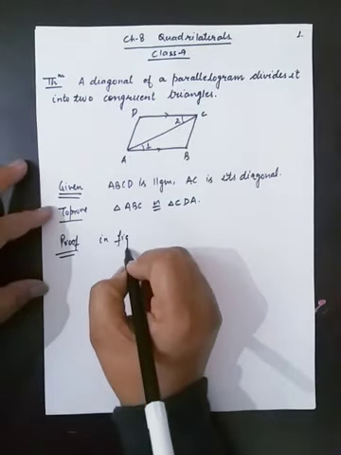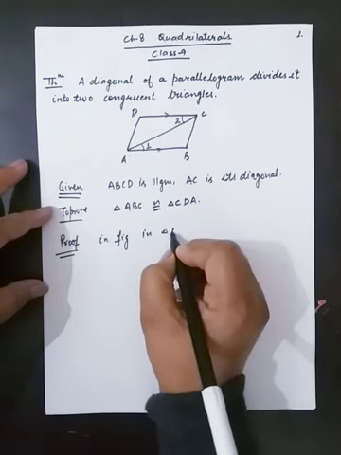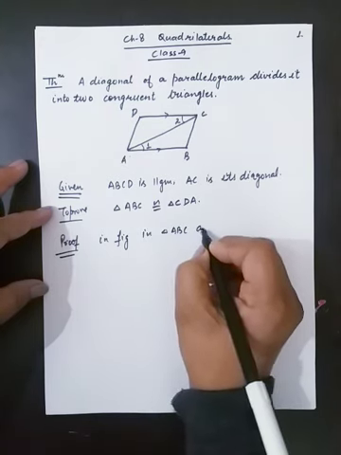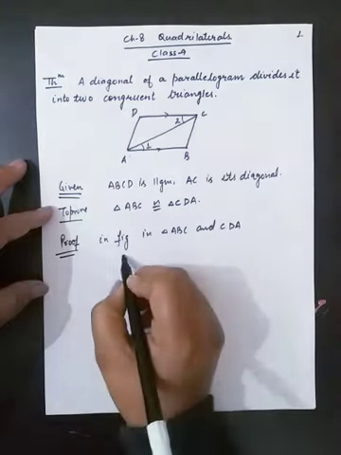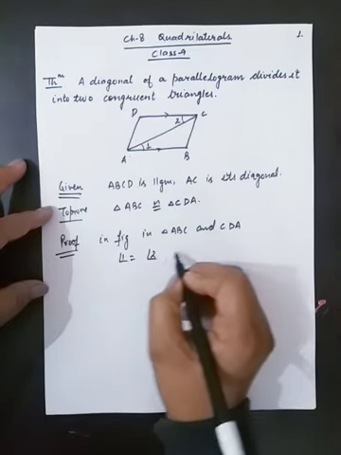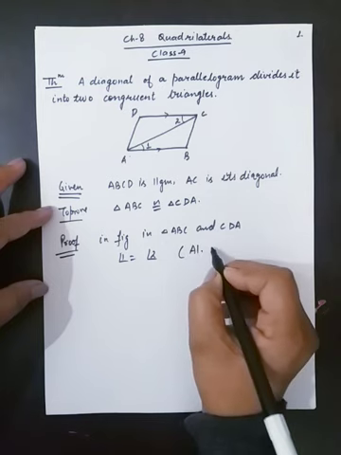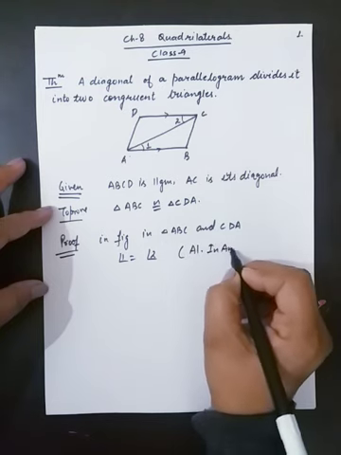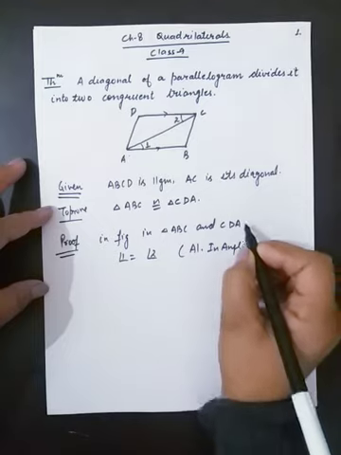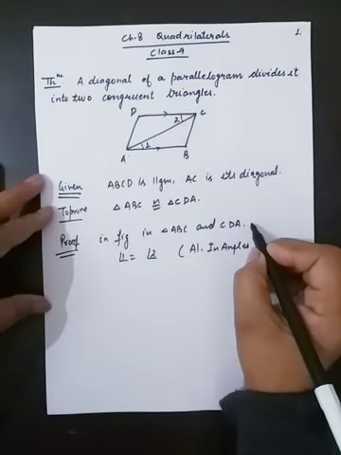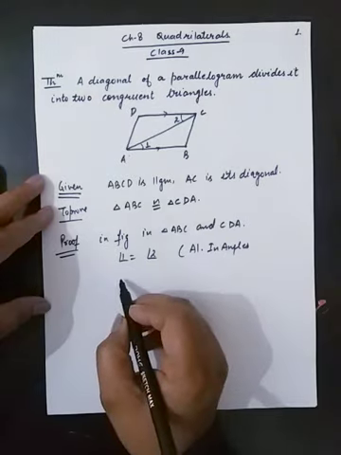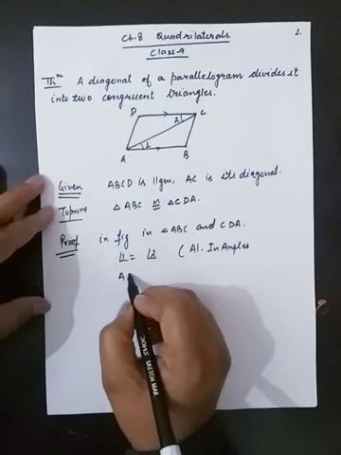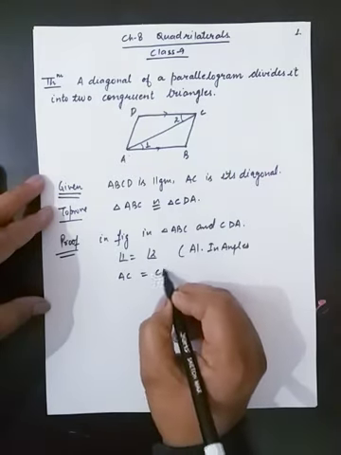In figure, in triangle ABC and CDA, angle 1 is equal to angle 2. What is the property? Alternate interior angles. And AC is equal to CA.